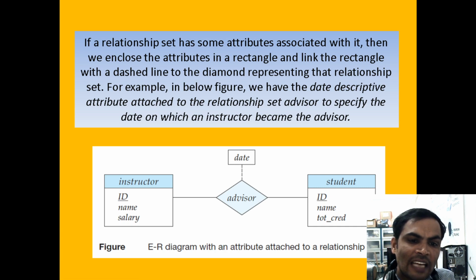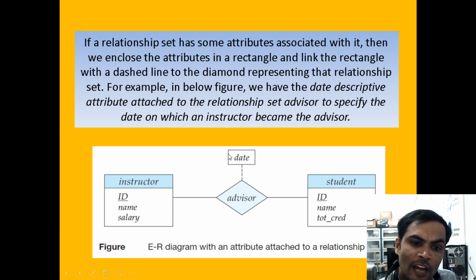Why do we call it a descriptive attribute? Because the instructor is advising the student on a particular date. Maybe I am the instructor, the faculty, advising the students to attend classes regularly. When we represent the relationship, we can use a descriptive attribute.